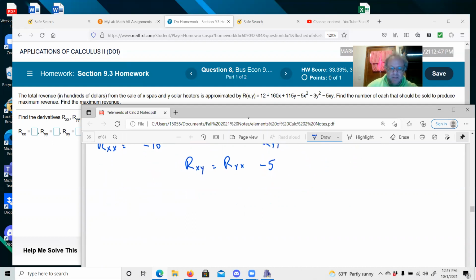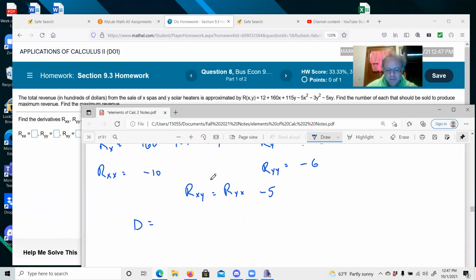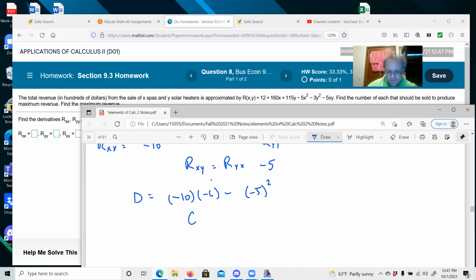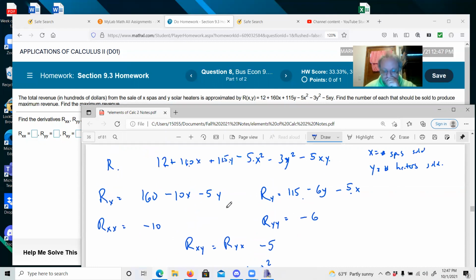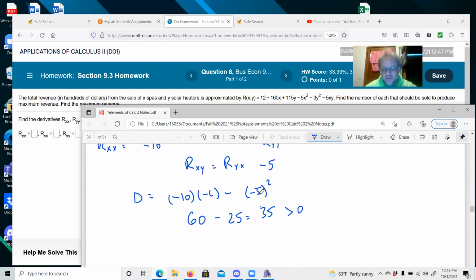So my determinant is equal to negative 10 times negative 6 minus negative 5 squared. We get 60 minus 25, and that's equal to 35. It's greater than 0, so our determinant is greater than 0.